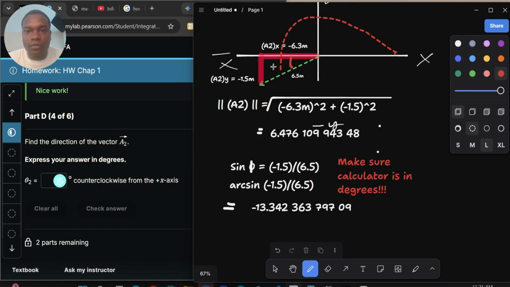It would be this number plus our reference at the origin, which is 180, and you'd get 193.34.